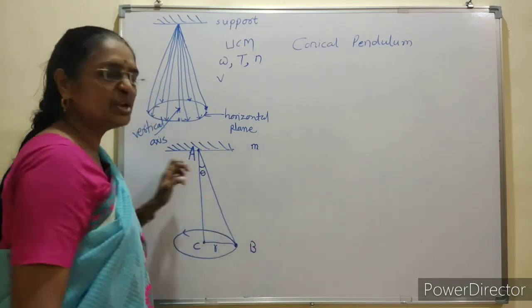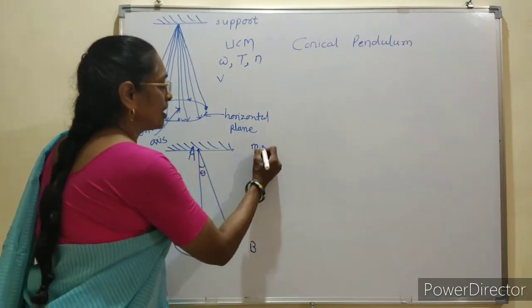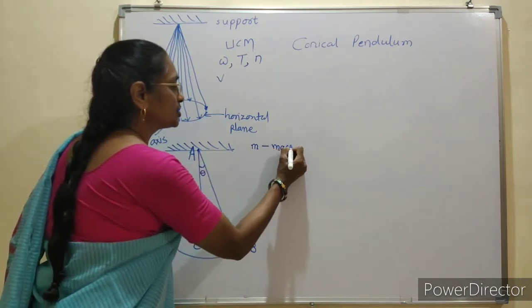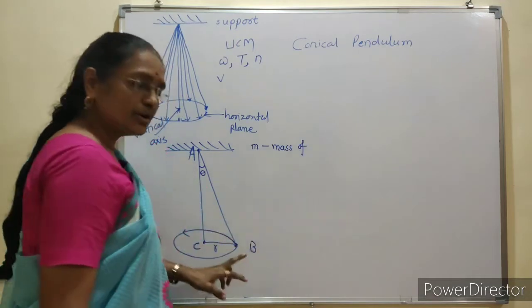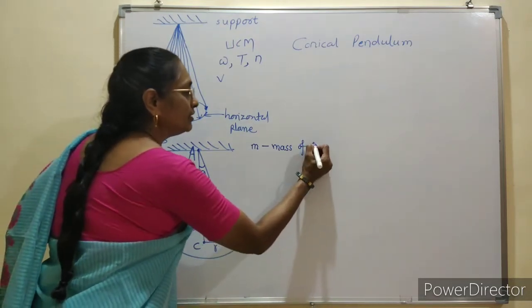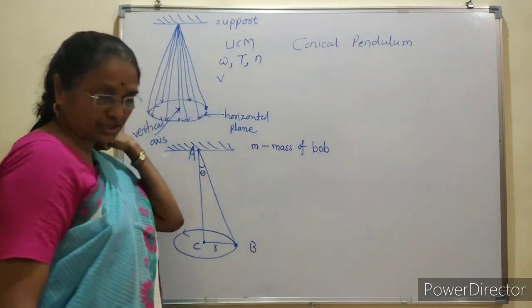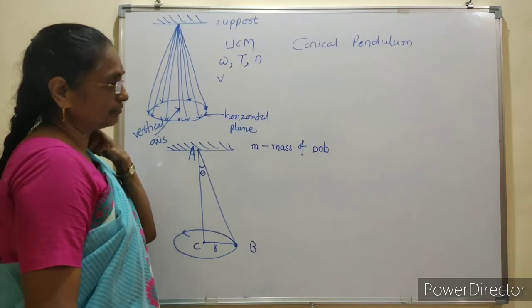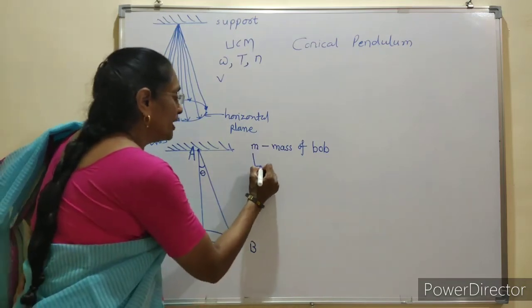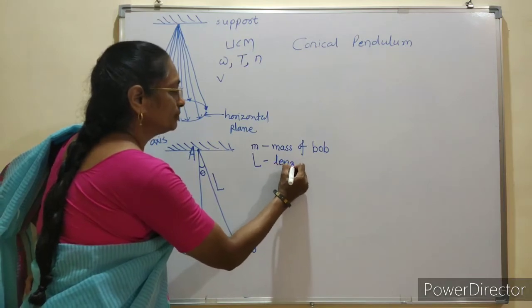Here a tiny mass is taken, but it is having a certain mass m. It is the mass of the point particle. That particle here we call a bob. It is a very small particle. Now L is the length of the string.